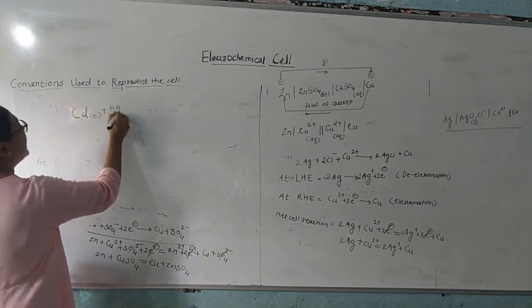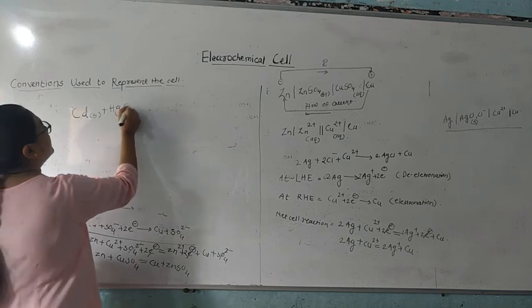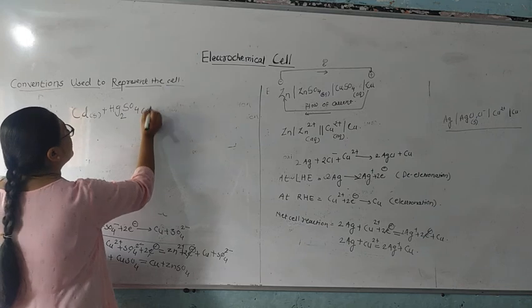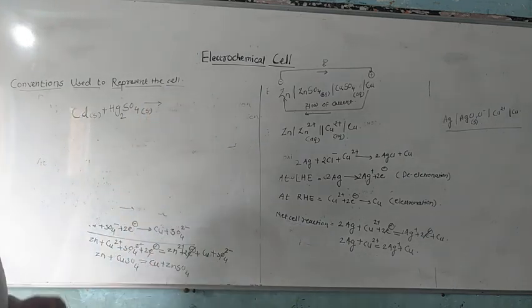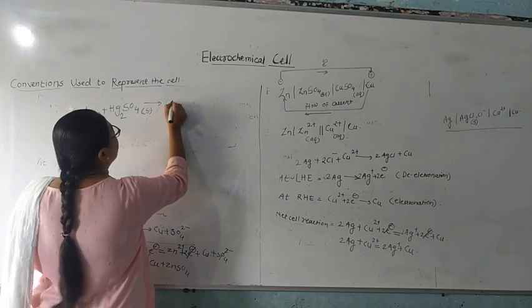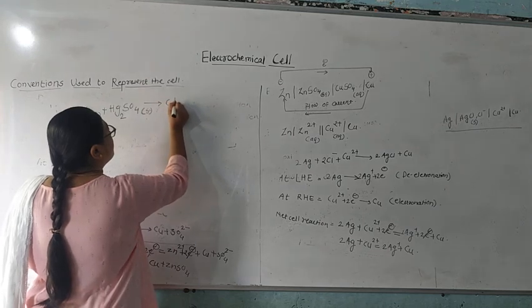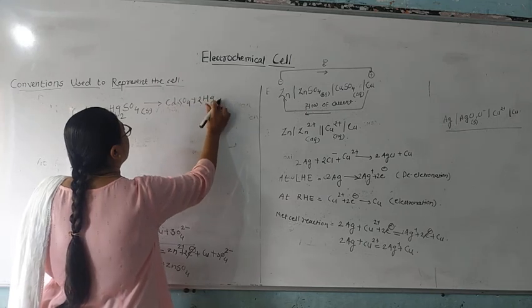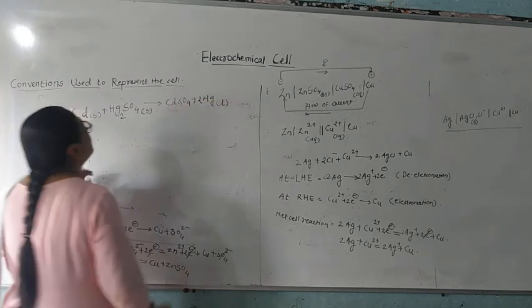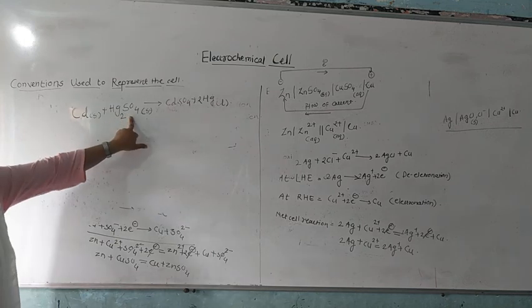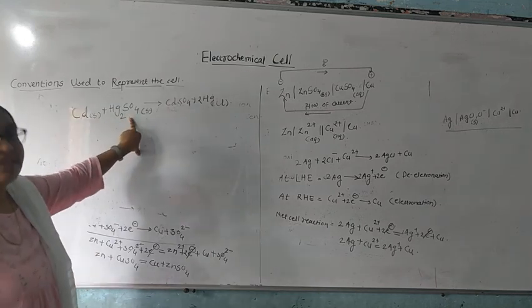Plus cadmium in a solid form plus Ag2SO4 giving rise to cadmium sulfate plus twice of Hg. Now this is how the reaction is given. Now how is this to be done? See, this is also in the form of a precipitate, mercurous sulfate.